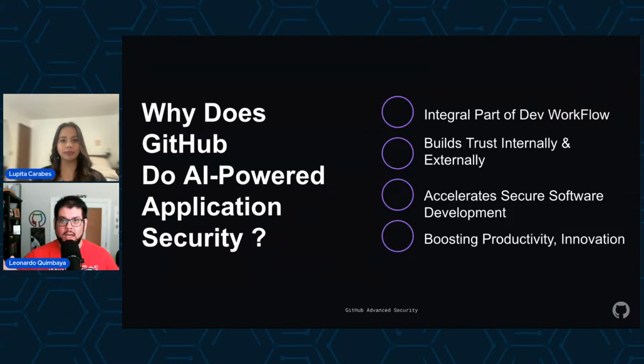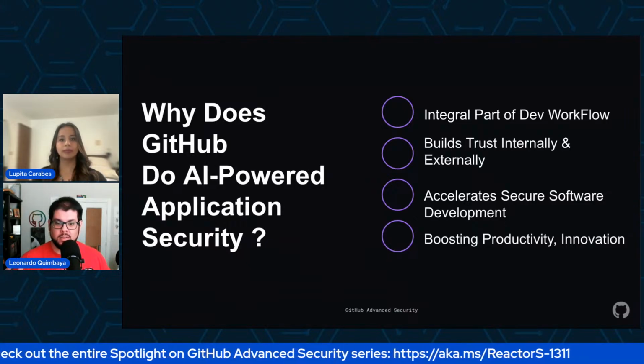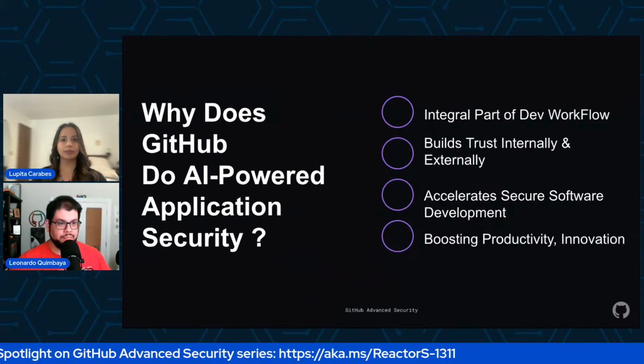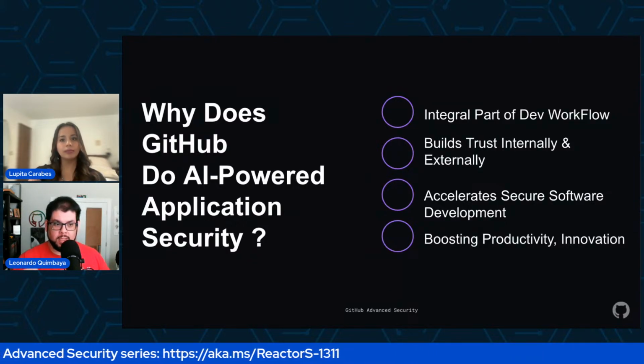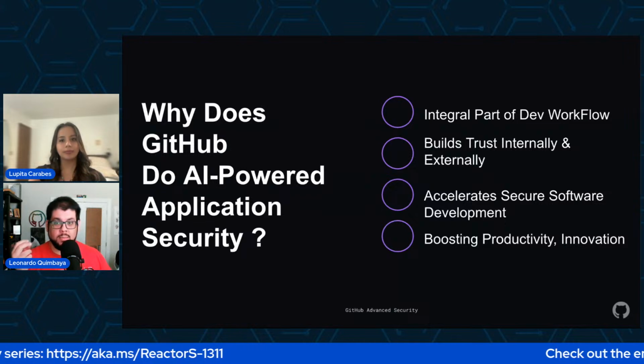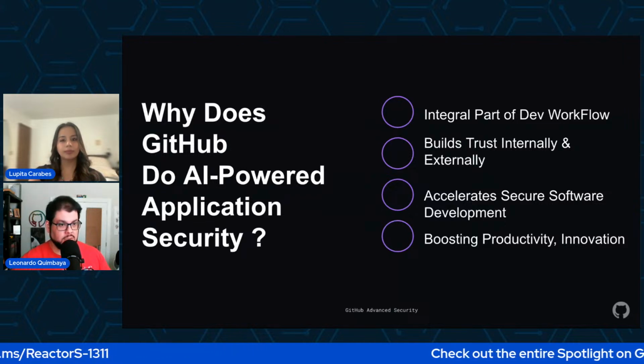So if we do have those vulnerabilities in that particular branch that we are trying to merge into another branch, that gives us the opportunity to fix those as a part of that pull request. So we can continuously update our code that we want to introduce. And once we get the code to a place where it is compliant with our organization's policies and security policies, we can go ahead and merge there. So it is the right information at the right time that is the most relevant for developers to take action on.